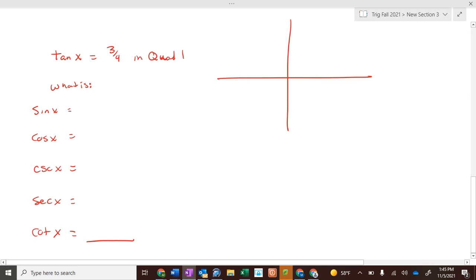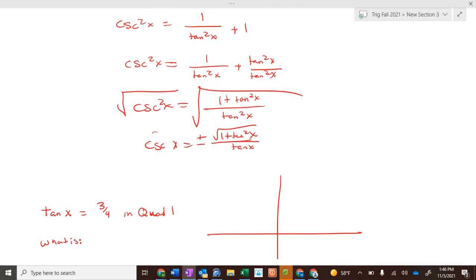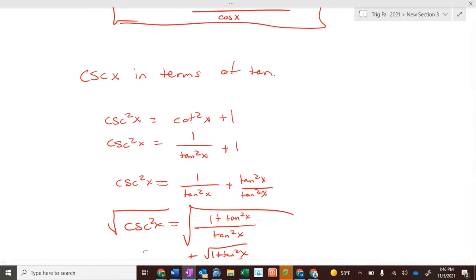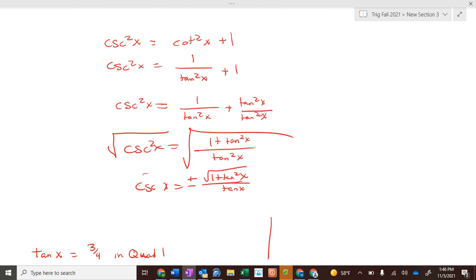What's the reciprocal of 3/4? 4/3. Okay? Then, if I wanted to, I could go right up here and look at cosecant in terms of cotangent, or cosecant in terms of tangent. And I can get cosecant by just plugging 3/4 into this function if I wanted to.